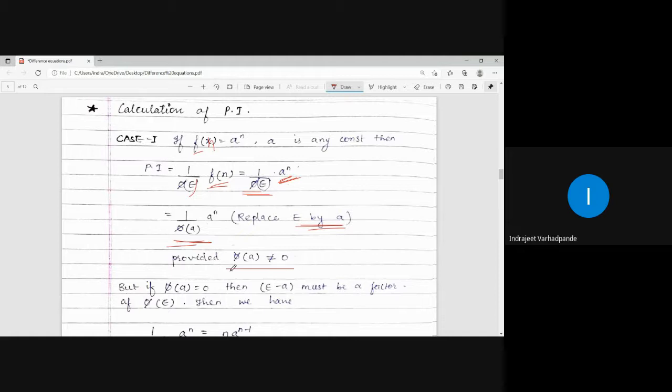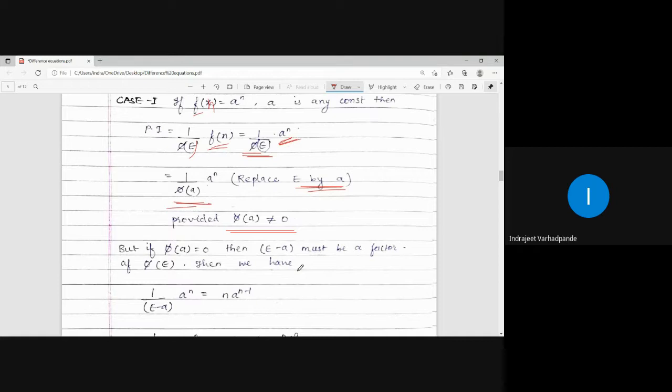That means phi of a should not be equal to 0. But if phi of a comes out to be 0, that means the denominator turns out to be 0, we know that there is a possibility of the case failing. Always we are interested in obtaining the value in the denominator as a finite, non-zero quantity.